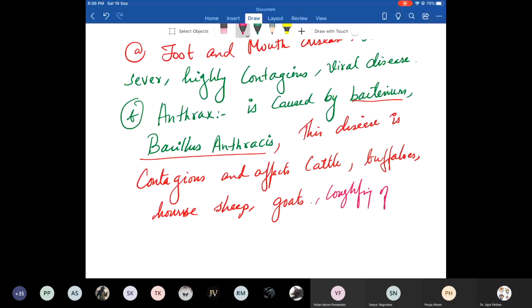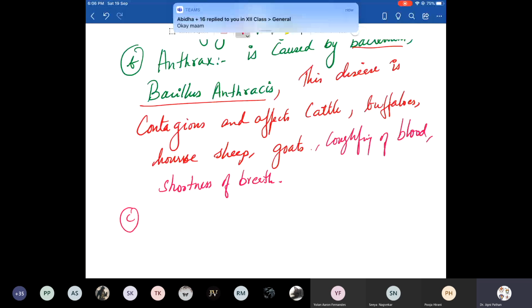Next is mastitis. It is an inflammation. No, it's not a human disease. It's basically a cattle disease.